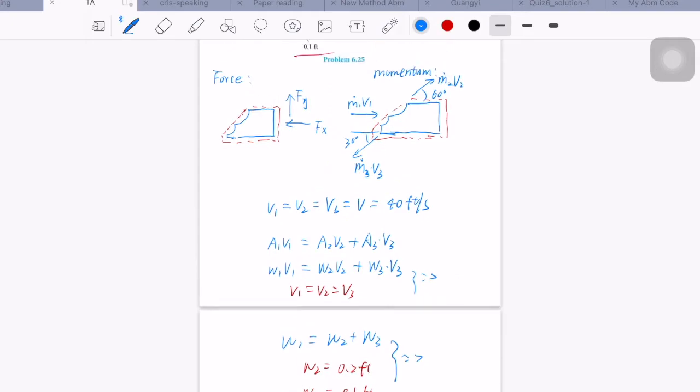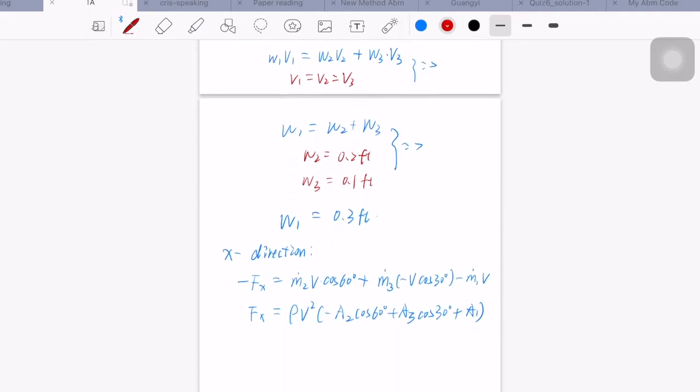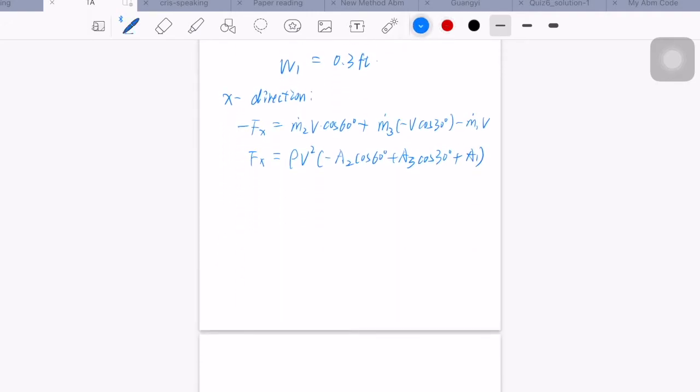Since we need to find the force per unit width, we can use the width to represent the area. So now Fx should be equal to rho times V squared times minus W2 times cosine 60 degrees plus W3 times cosine 30 degrees plus W1.